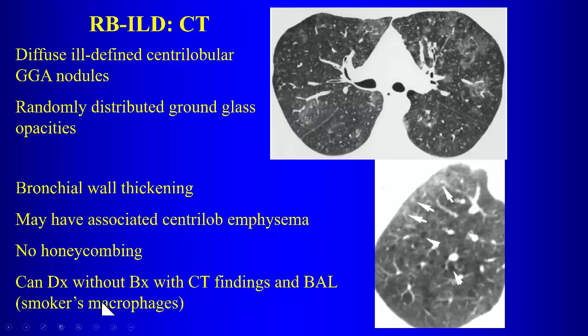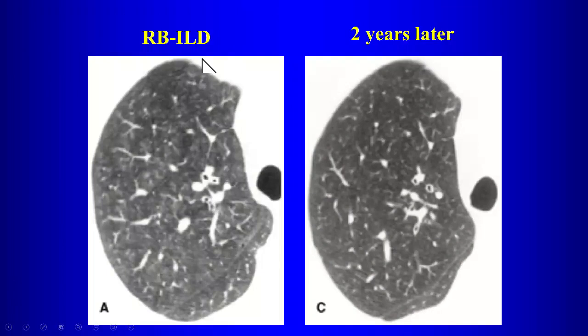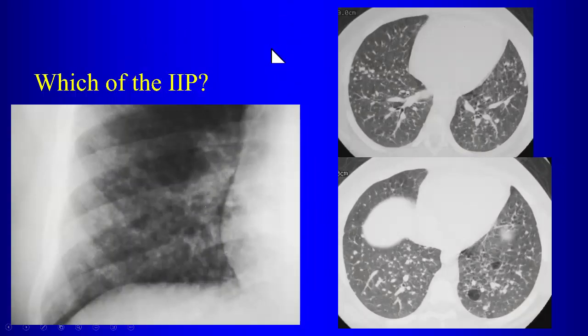And you can also make this diagnosis without biopsy if on bronchoalveolar lavage fluid they have pigmented macrophages, so-called smoker's macrophages, if these patients get BAL. So with respiratory bronchiolitis, centrilobular ground glass opacities, it does get better if the patient stops smoking.